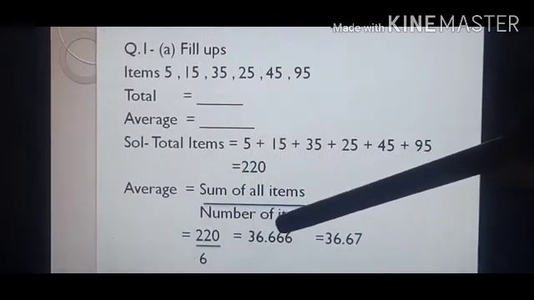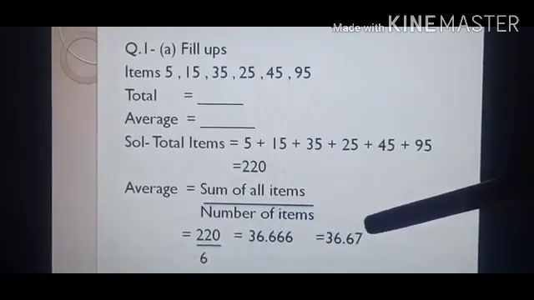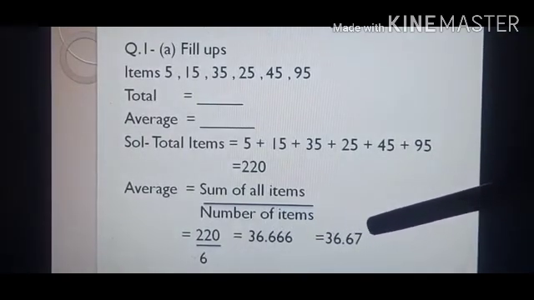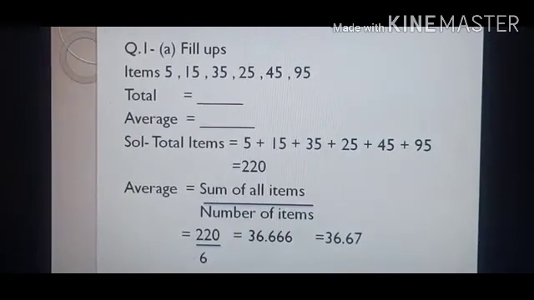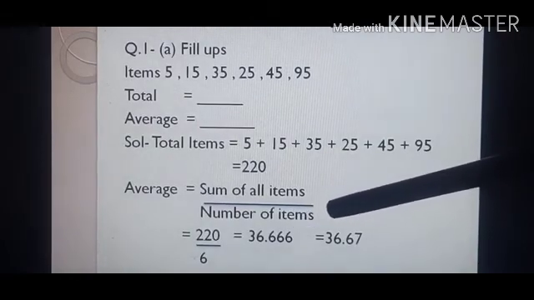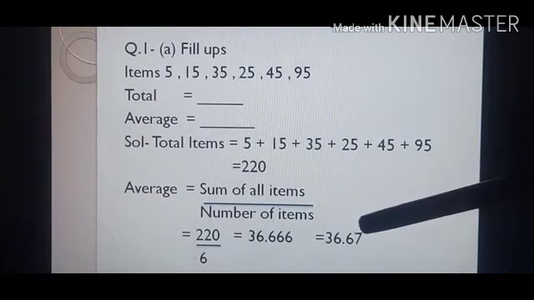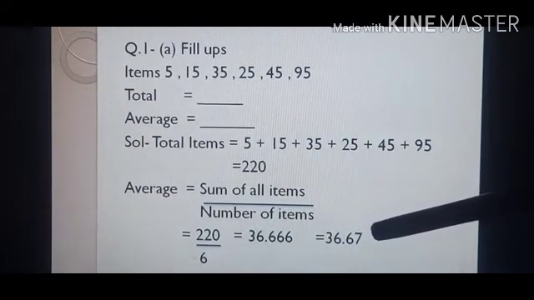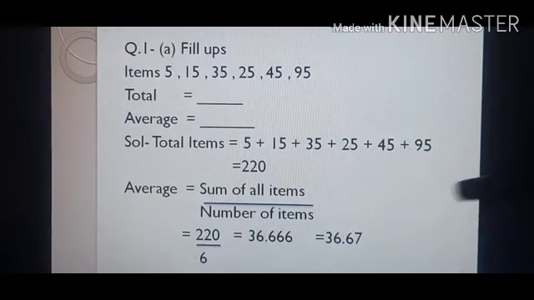Average is 36 decimal 6 6 6 and so on, or we can write down 36 decimal 6 7. As I explained to you this in the decimal chapter also, if the number is a recurring number, then we will stop division and we will increase the last digit by 1 more.